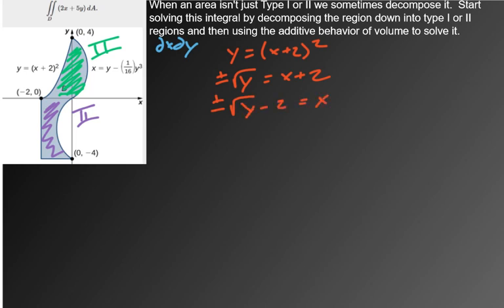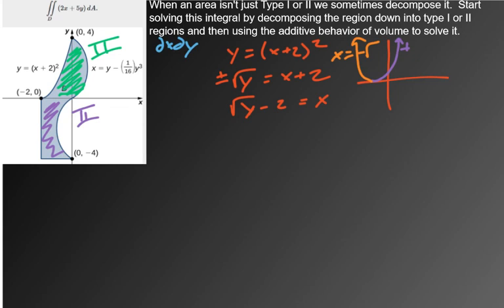Thinking back to algebra 1 or 2, for these kinds of things, the positive square root is going to be that side for an x equals. And then, in red or orange, this side would be the negative square root for an x equals. This is only for x equals stuff. It's the other way around for y equals stuff. So I'm going to take the positive square root of y minus 2 equals x.